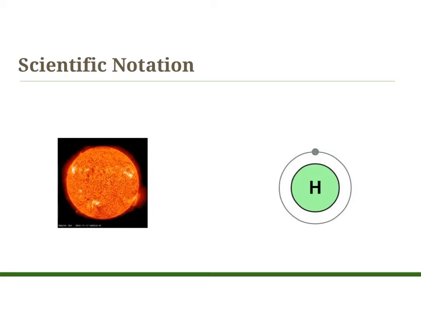Now, scientific notation is an easy way to write very large numbers and very small numbers.